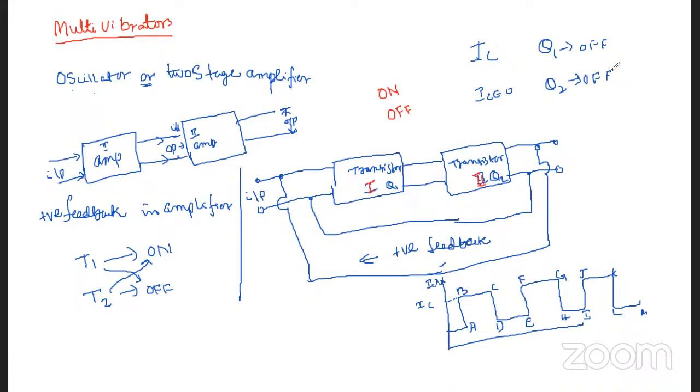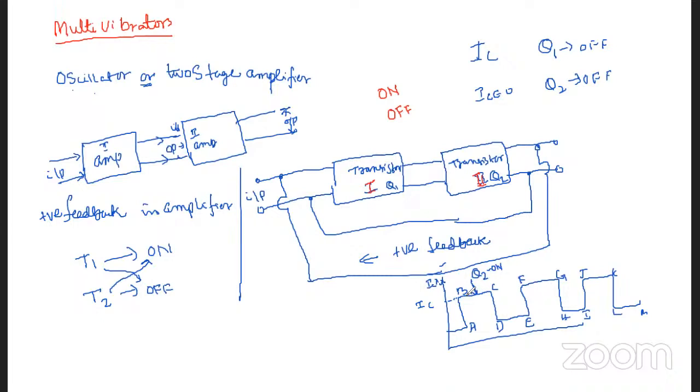This transistor's collector current IC will flow for a period of BC.